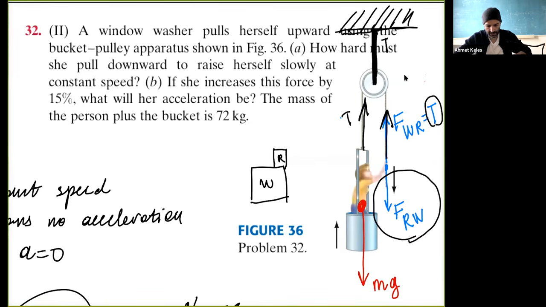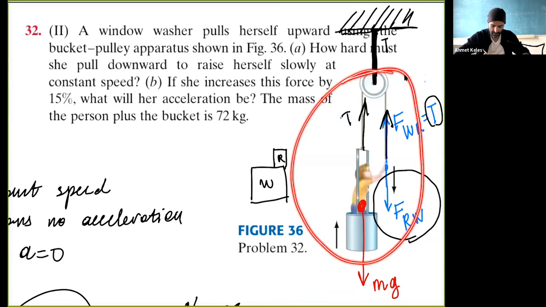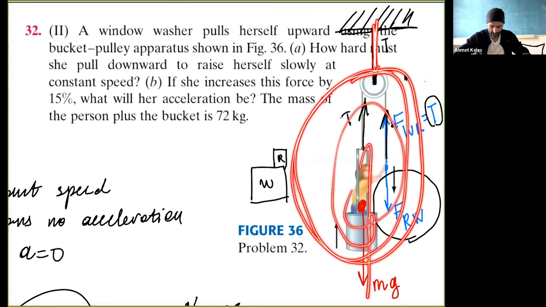No, they just close it. Everything internal is internal. We don't mingle with internal affairs. We just put a box here and we say, what is the external? The only external is this T, and the only other external is total mg down.